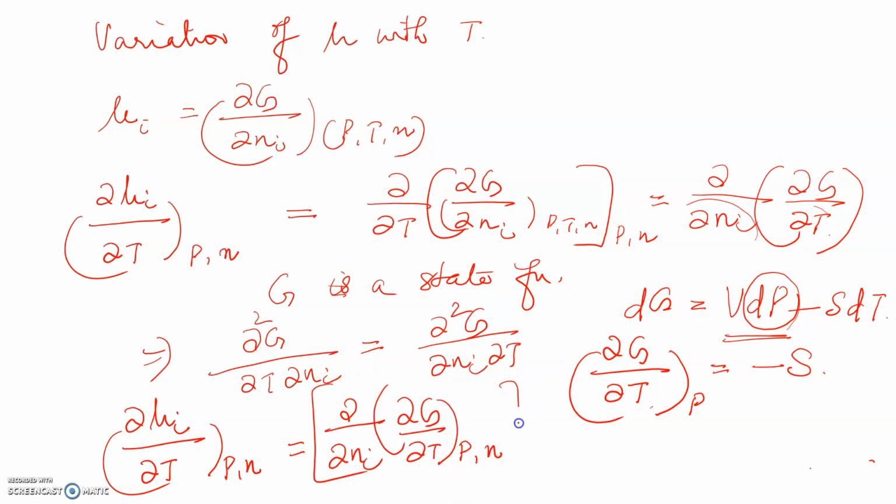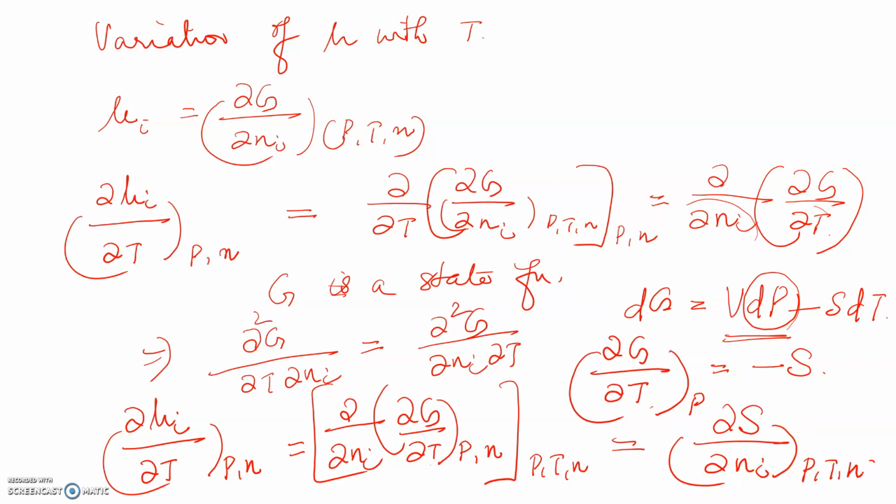The whole is at constant pressure, temperature and number of moles. So we have obtained dou G by dou T at constant pressure and number of moles as equal to minus S. So this term becomes minus dou S by dou Ni at constant pressure, temperature and number of moles.